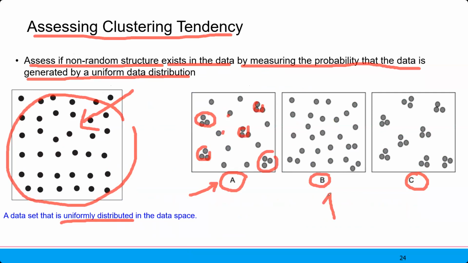How about B? B is difficult. There is no clustering tendency. How about C? Okay, we have the clustering tendency. So we call this the clustering tendency. Based on the data itself, we can easily look at the clusters.